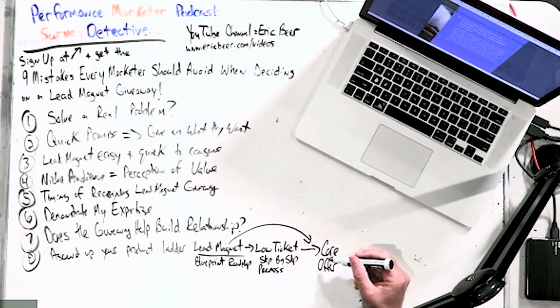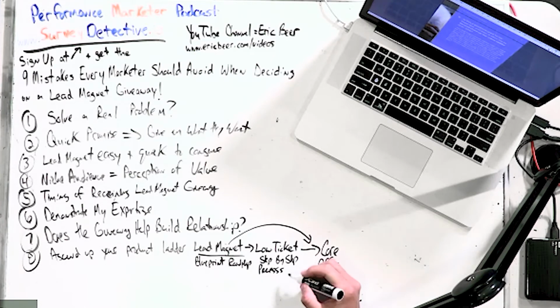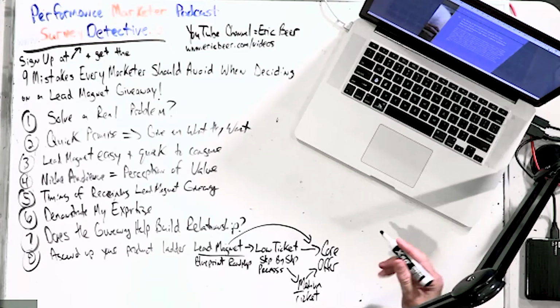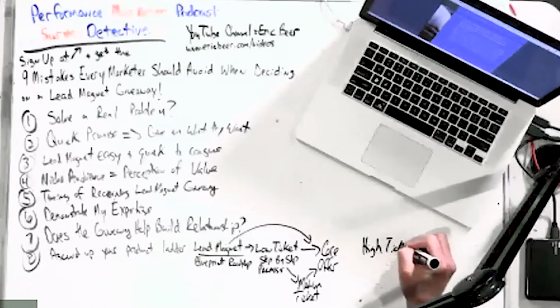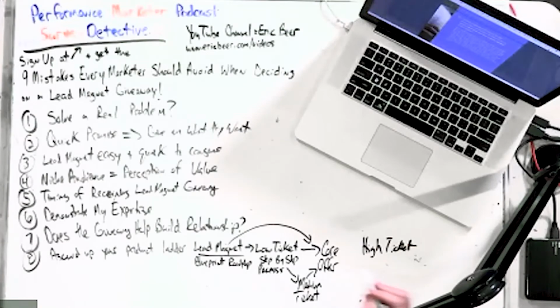Then you can even go to a medium ticket. Now your core offer, depending on what that is, will determine if there's high ticket afterwards. But you get what I mean, right? So the idea is it's all starting with this lead magnet giveaway.